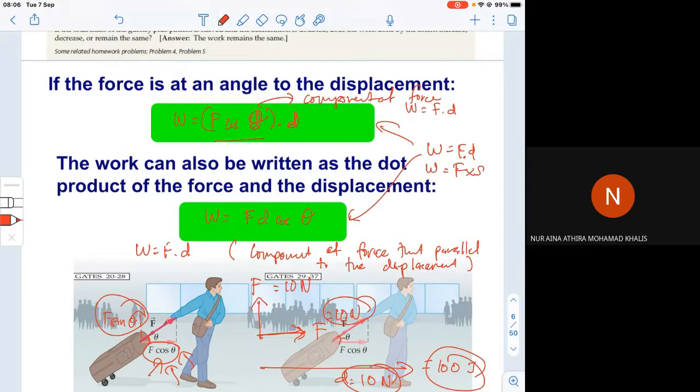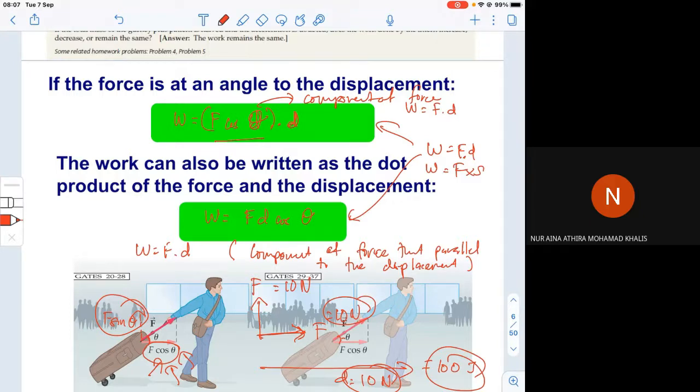In every situation there, the force is always parallel to the displacement, whereas at this level of asasi we will cover the force at a certain angle.